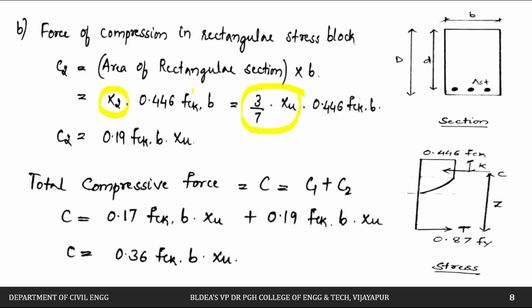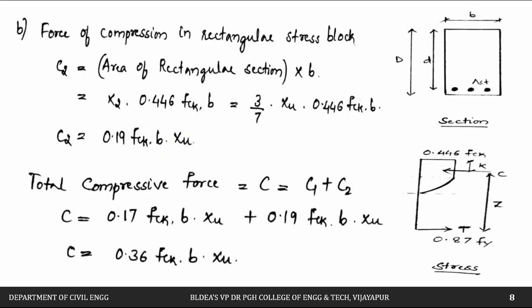The remaining is 0.446 fck B. If you simplify, 3 by 7 multiplied by 0.446, you will get 0.19. Remaining is fck B into xu. So the total compressive force due to this rectangular block will be 0.19 fck into B into xu.